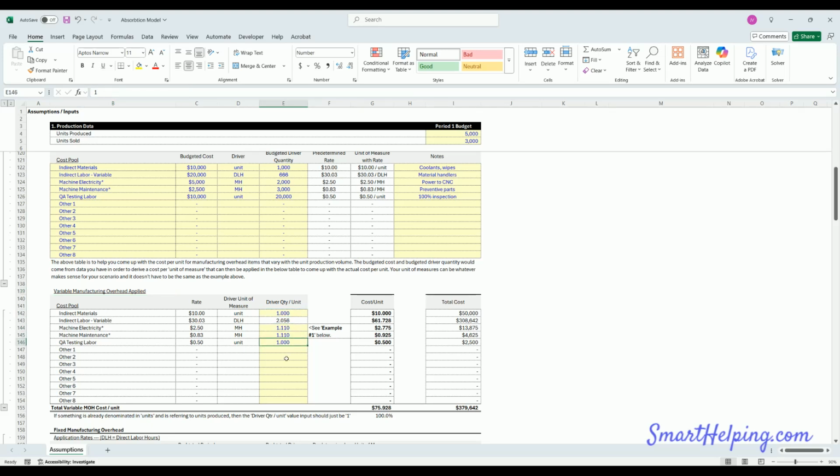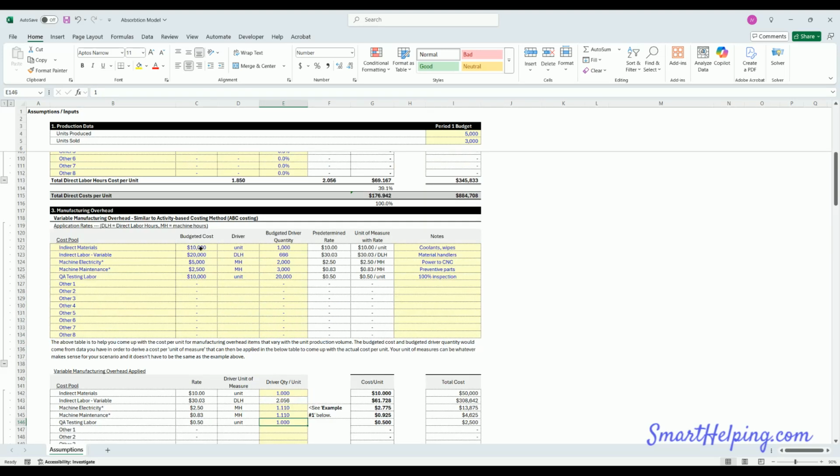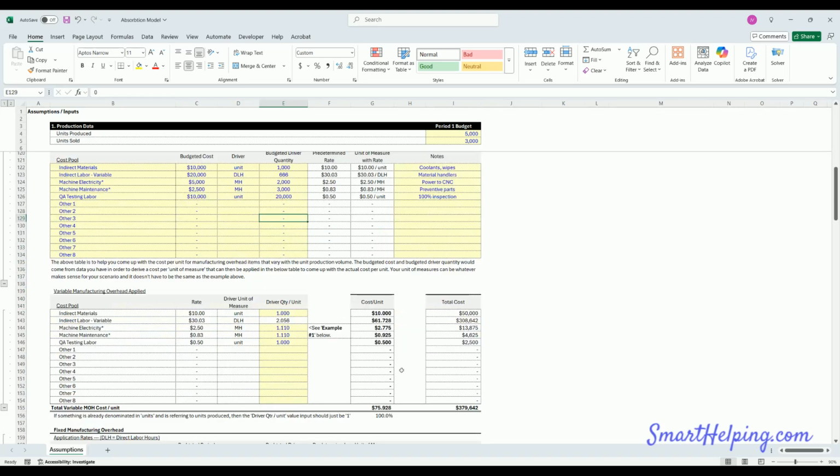Hopefully I explained that well. Basically, you have the top configuration to figure out your application rates to figure out what you're going to apply down low, and then your actual cost per unit here is calculated by the number of whatever your driver quantity is per unit here. So, again, indirect materials, it's 1 because we're measuring it in units here already, but the middle 3 we're converting.